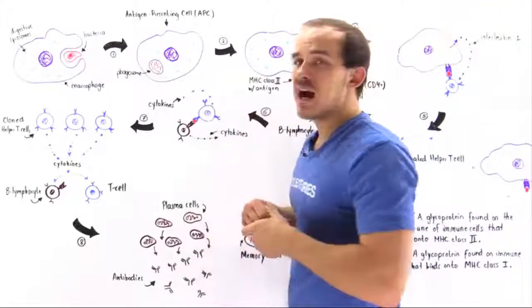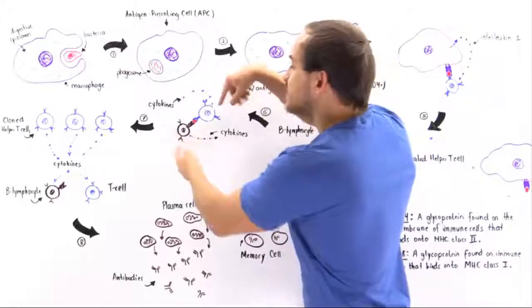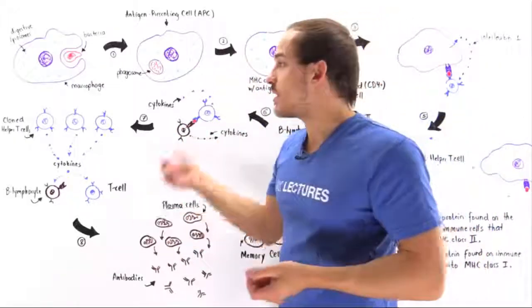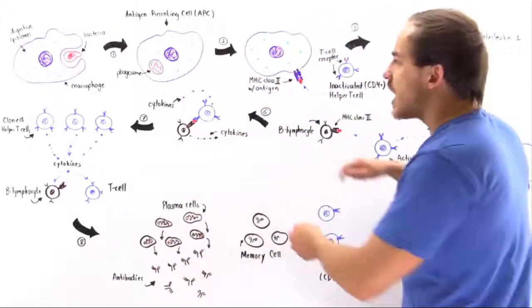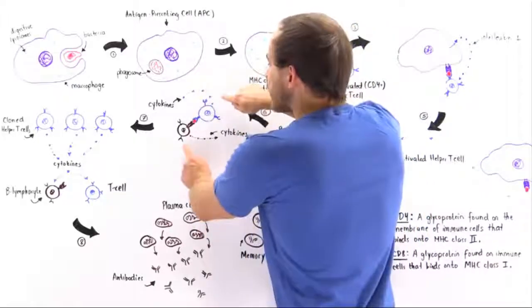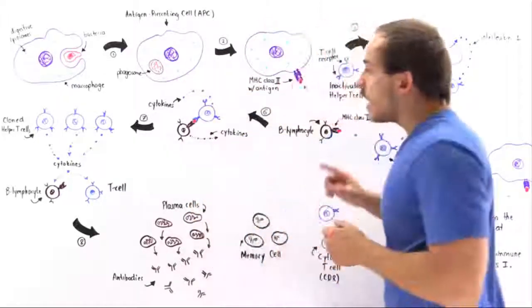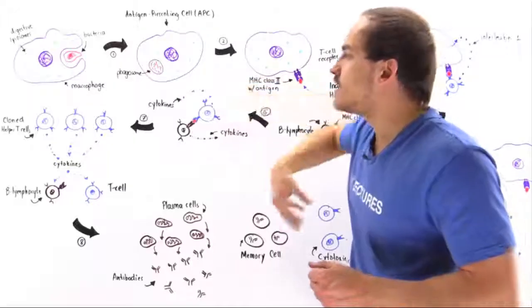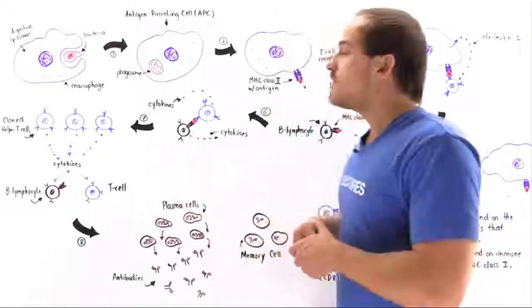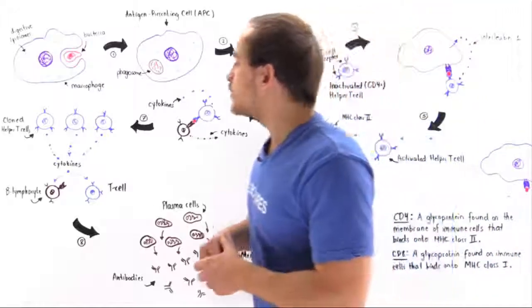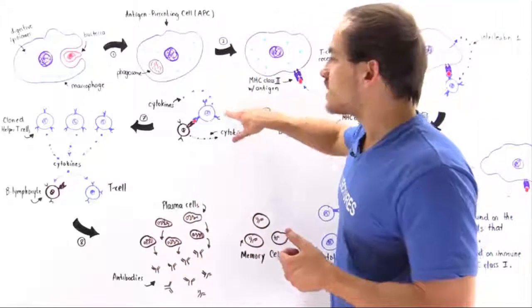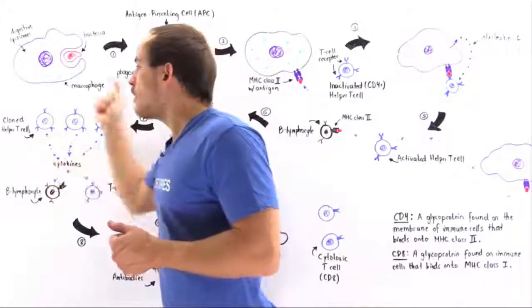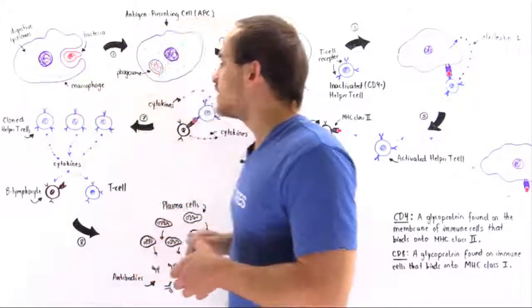And once they form a complex, these two cells begin to release special chemicals known as cytokines. What these cytokines do is induce the helper T cell to begin to clone itself via the process of mitosis. So mitosis of the cell takes place, and we form many of these cloned helper T cells.